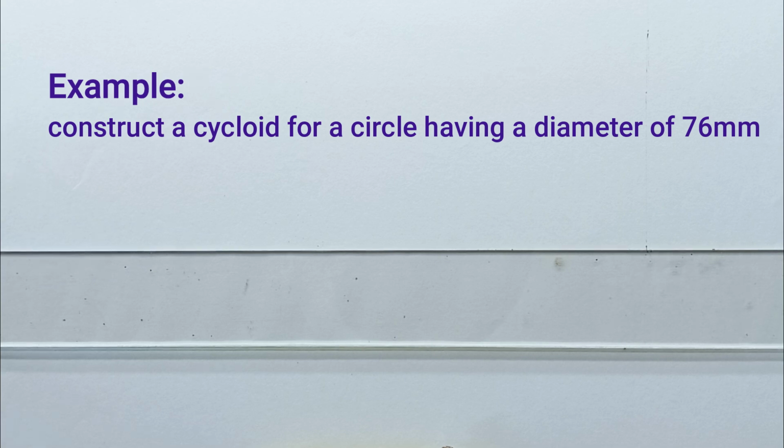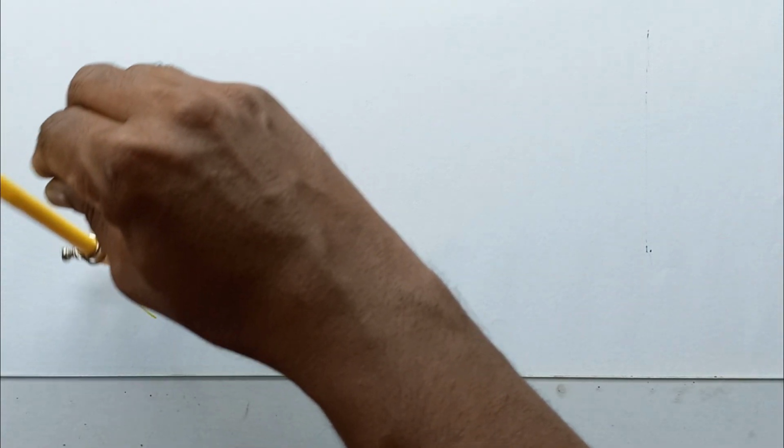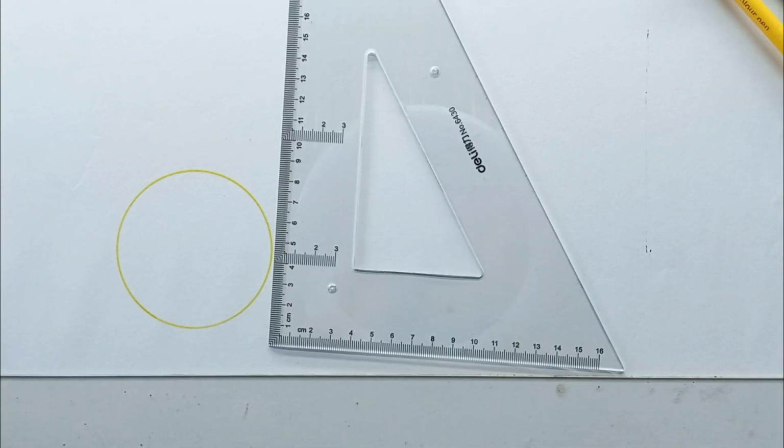Okay, first of all, I am going to draw the circle, like this. Then draw the vertical and horizontal lines.